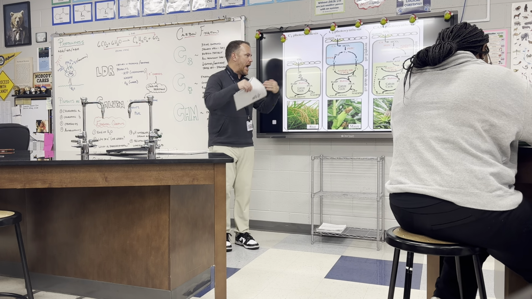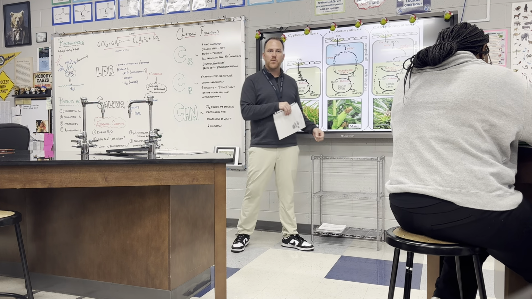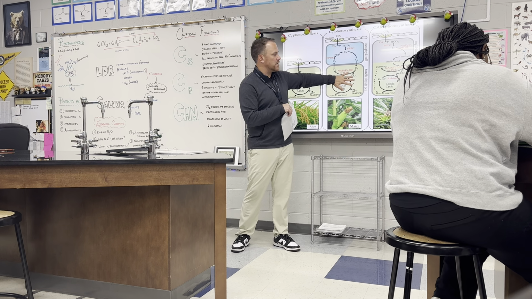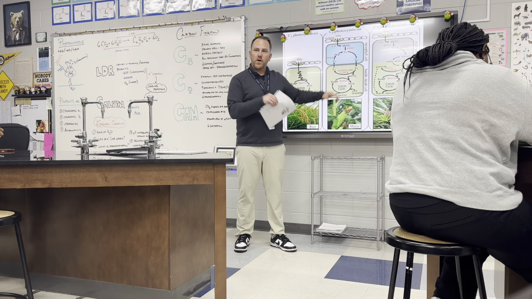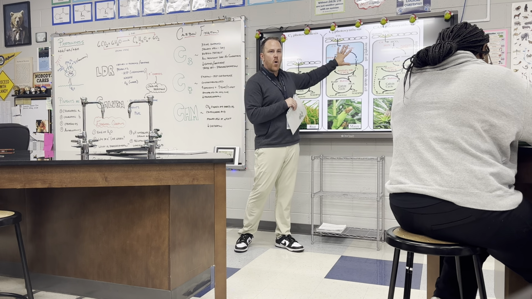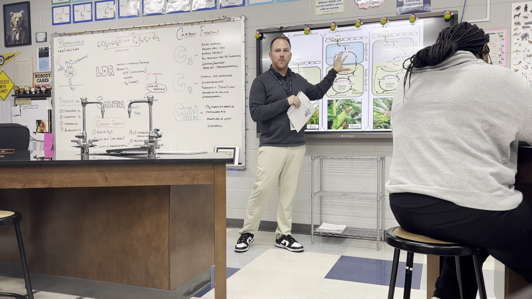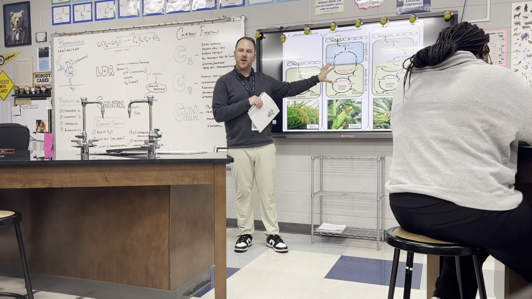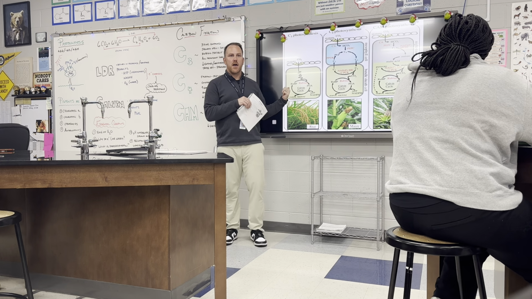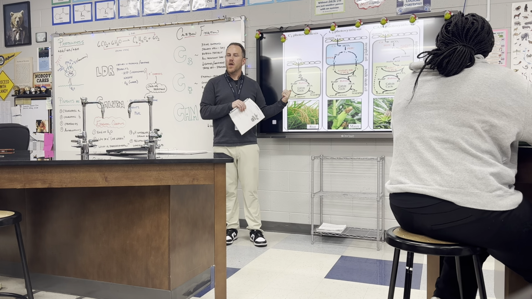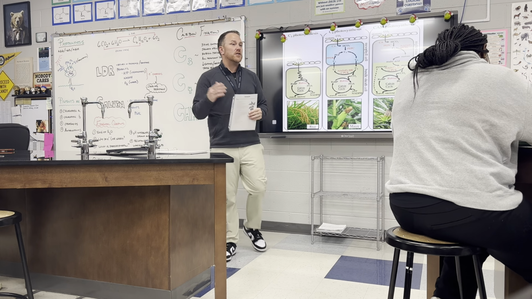So an adaptive feature for C4 and CAM is compartmentalization, more enzymes, more machinery. So what's the trade-off though? They're spending more energy to build all these compartments, but what do we know that these two do not do that this can? Photorespiration. So in evolutionary biology, there's always a trade-off.